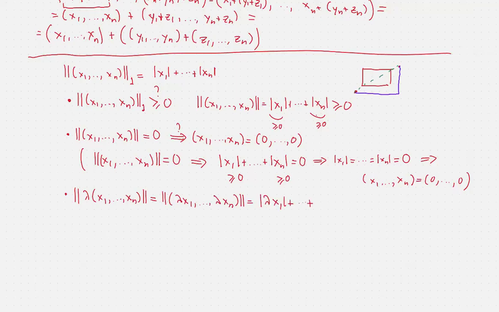And this is equal to, because of the properties of absolute value, absolute value of lambda times absolute value of x1 plus all the way to absolute value of lambda times absolute value of xn, which is equal to absolute value of lambda times the sum of absolute value of x1 plus all the way to absolute value of xn. And this is nothing else but the norm of x1 up to xn.